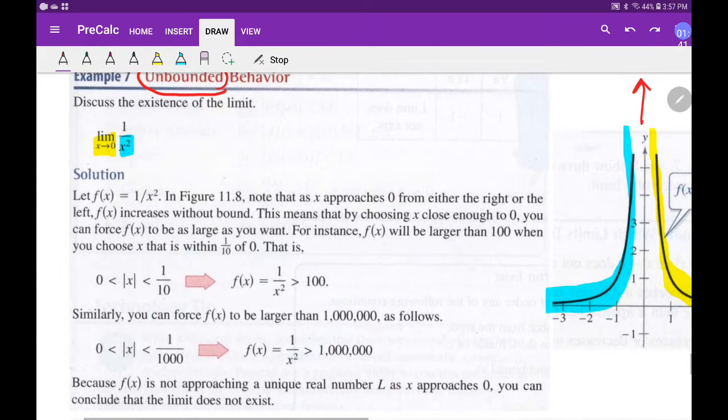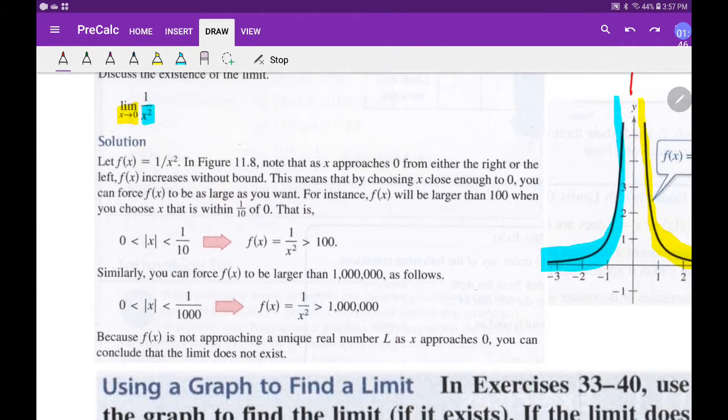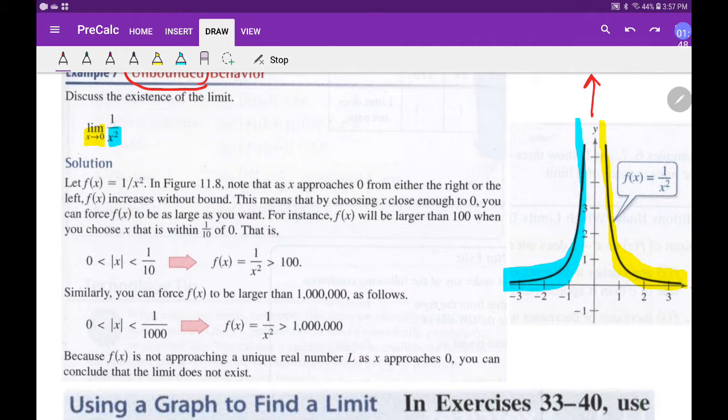I'm not sure what their reasoning is down here right off the cuff. But the point is, it's getting bigger and bigger. So they would say it does not exist, but I might be tempted to say it's equal to infinity. But that's not really a number, so I'd also keep in mind that it doesn't exist, but I'd really prefer infinity. That's where we're going.